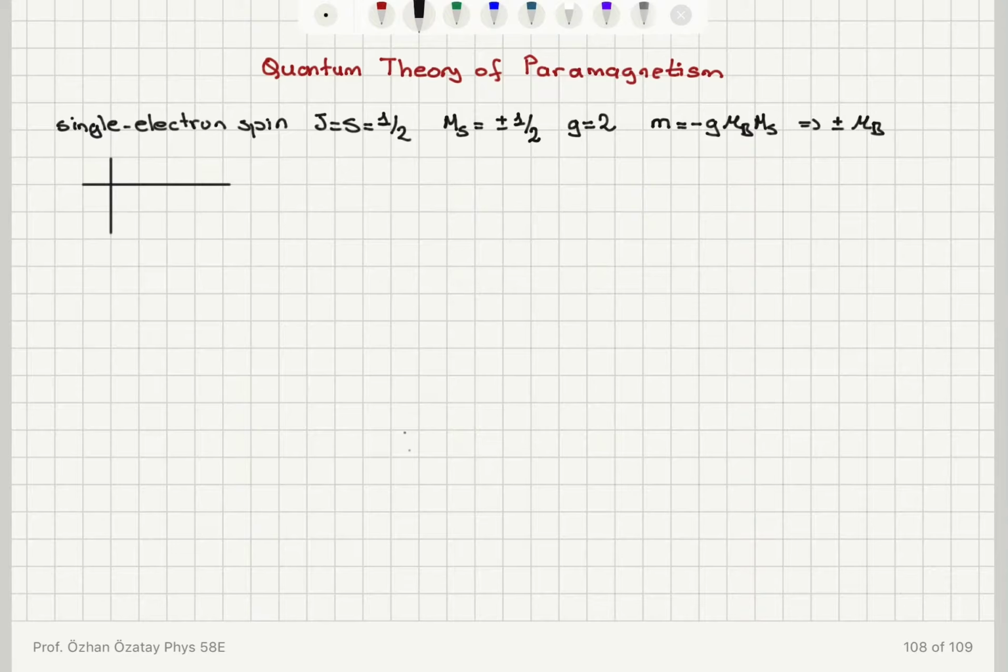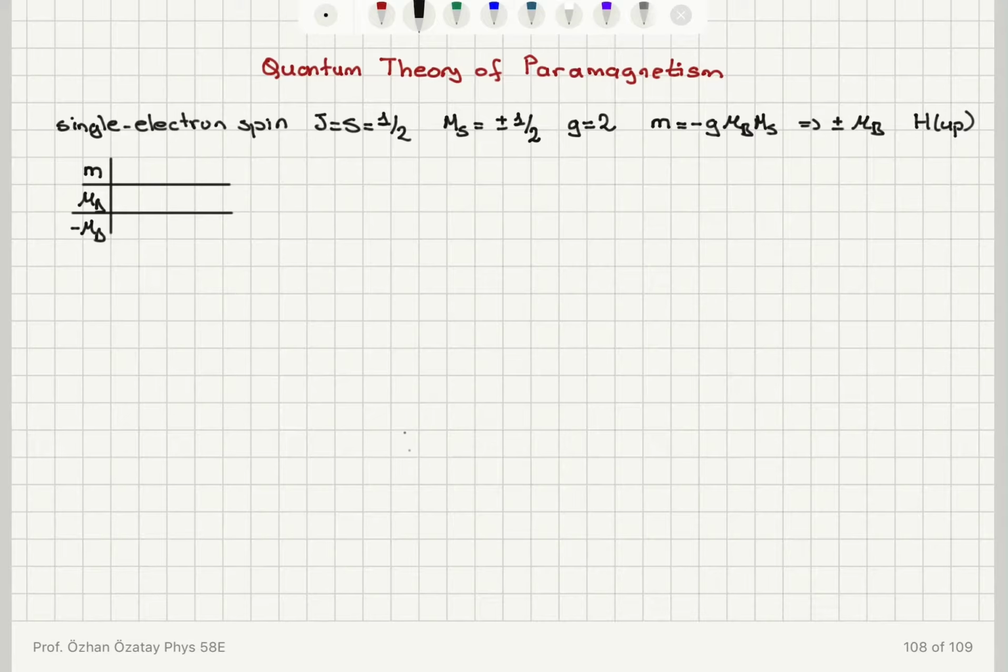So let's first take a look at the possible values of m. m can take values plus Bohr magneton or minus Bohr magneton, and the corresponding value of the energy will be, when the magnetic field H is applied in the up direction, so that when the magnetic moment is plus Bohr magneton, they're going to be parallel to each other.